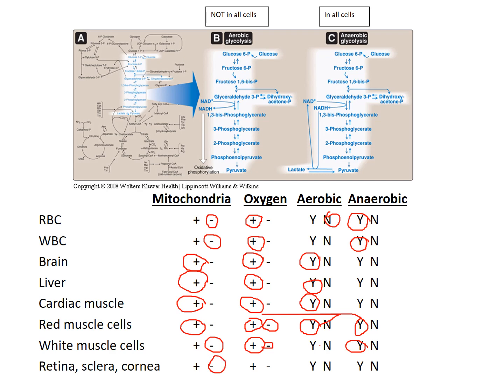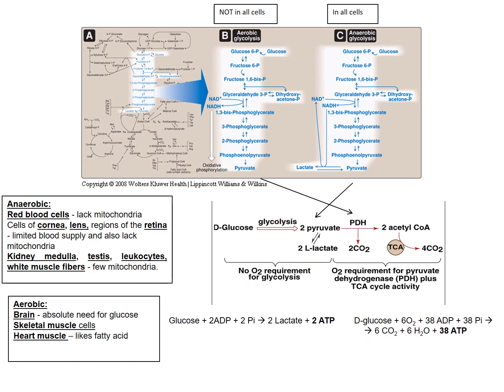So only 2 ATPs. Retina, sclera, cornea, no mitochondria for function. And although they have oxygen, sometimes they don't get enough, they are considered anaerobic. So why did I ask you this, and this is a summary of the table or the little exercise: if a cell is functioning under anaerobic conditions, we have lactate production and we only have 2 ATPs that one glucose molecule can supply.